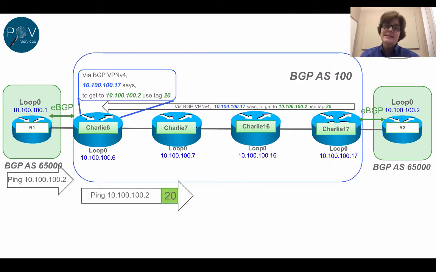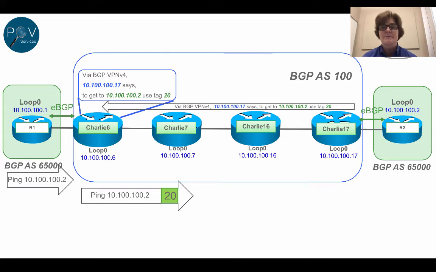Should Charlie6 then take the label 20 and just kind of send it out in the general direction of Charlie17? Here's the problem. Charlie17 said, this is the label that you need to send so that once it actually gets to me, I can know to send it out to R2. But Charlie17 told Charlie6 about this label.